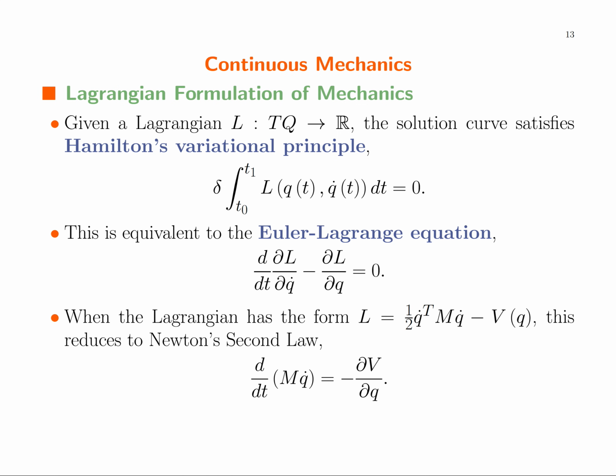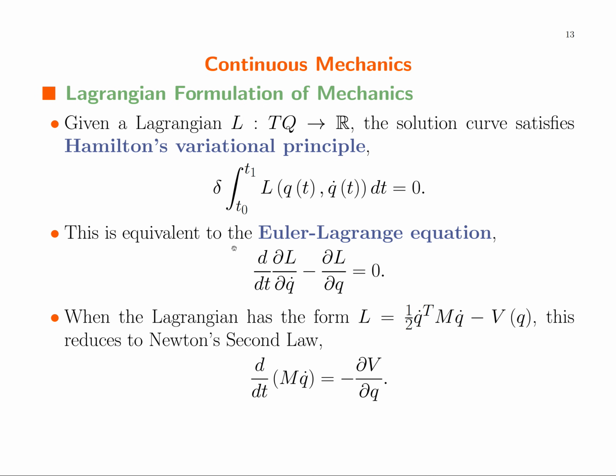What this more or less means is that if you have a curve which has a prescribed initial and final point, then the actual trajectory which the system describes is that which has an action integral which is stationary when you vary that curve subject to the same fixed endpoint conditions.